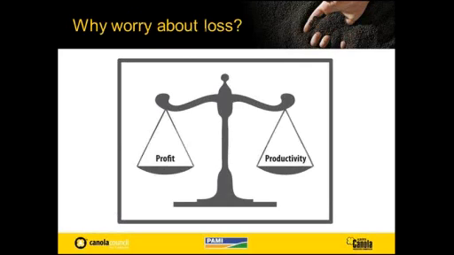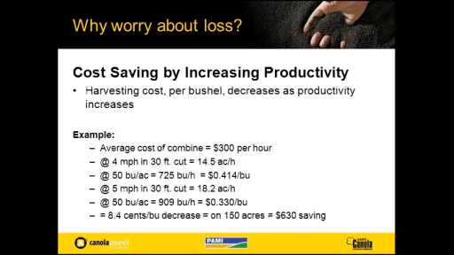So moving right along, we know that at all times it's a balance. When you're out there running your combine and adjusting it, it's trying to find that magic balance between profit and productivity. When you increase your speed, obviously the fixed costs go down per bushel.